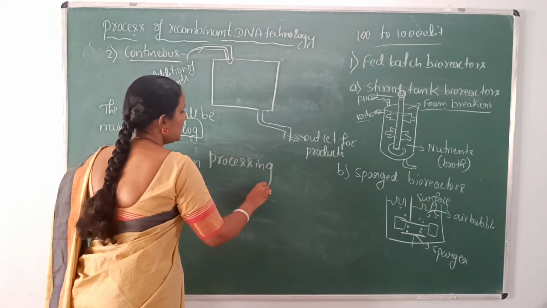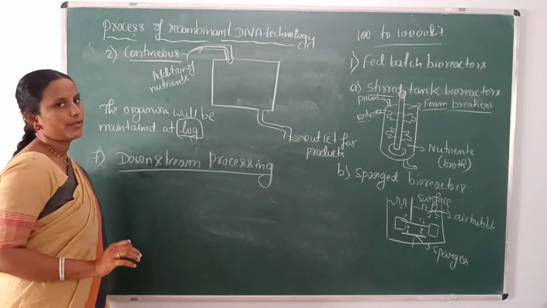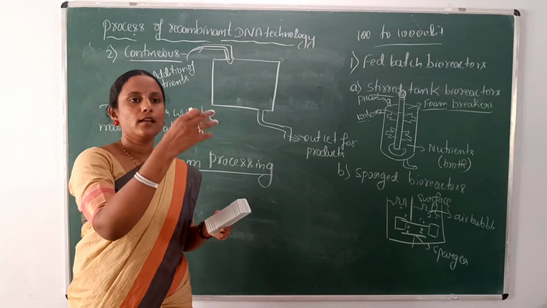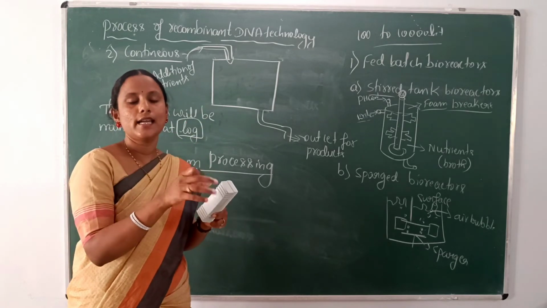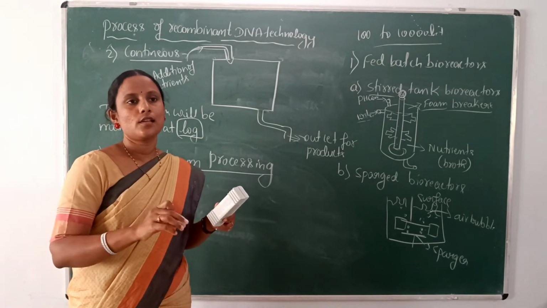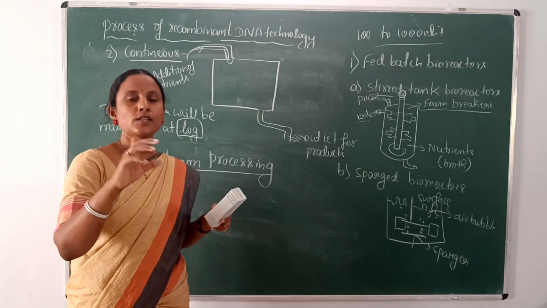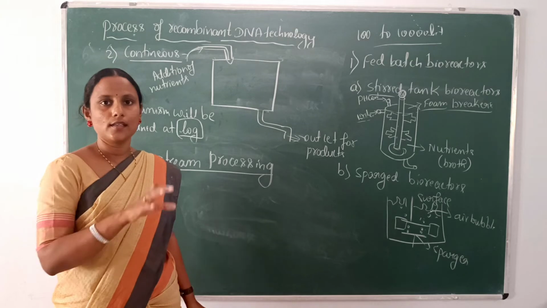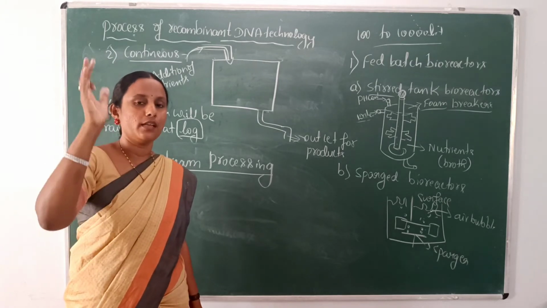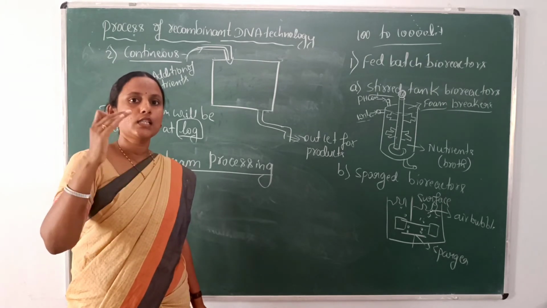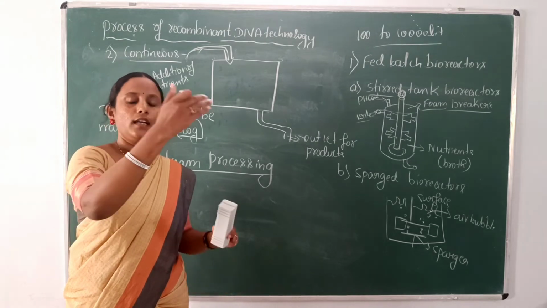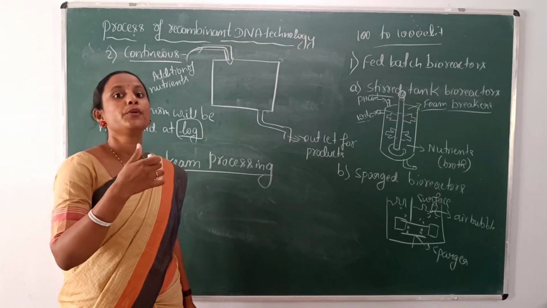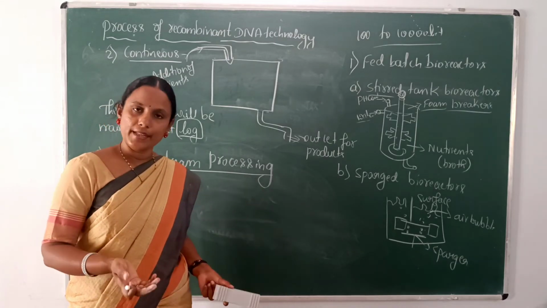Downstream processing. Till here it is called upstream processing, starting from the isolation of gene and cutting off that desired gene using restriction enzyme, cloning it into a vector, inserting into a host and growing the host on a large scale in bioreactors. Till then it is called upstream, that is the product is produced, and after production of the product completely, that product should be purified from other impurities.